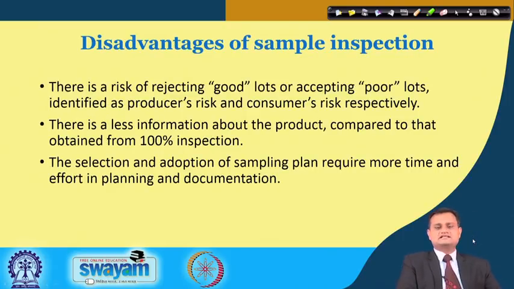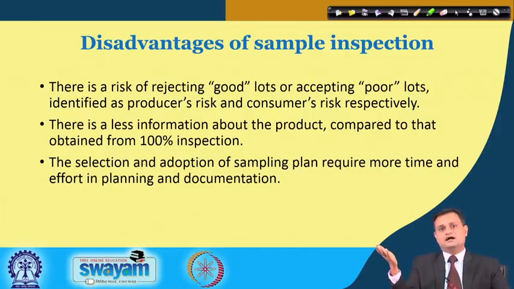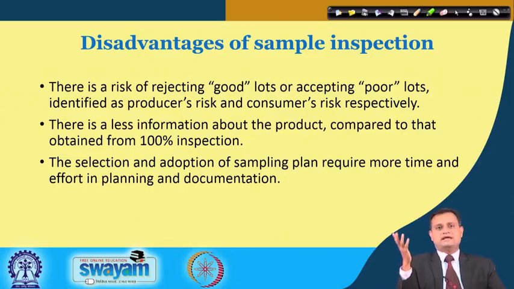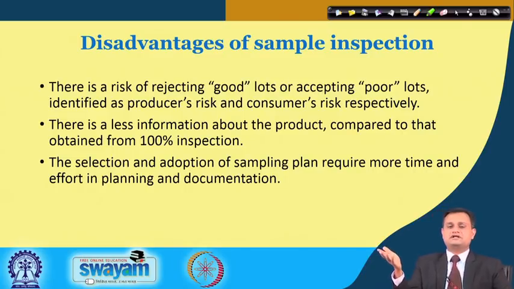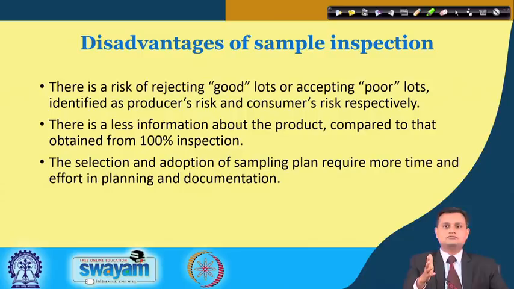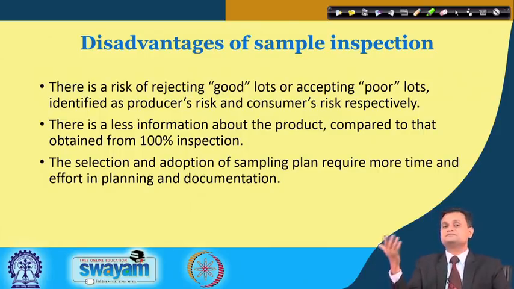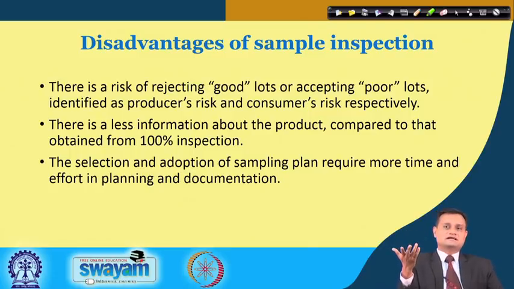So disadvantages are obvious with acceptance sampling, that when you are only taking the decision based on a sample, you may make a mistake in accepting a lot which is of bad quality, or you may reject a lot which is actually good but you will declare it as bad. So this disadvantage and risk we have to accept, and you cannot realize the benefit of 100% inspection when you are going for the sampling.